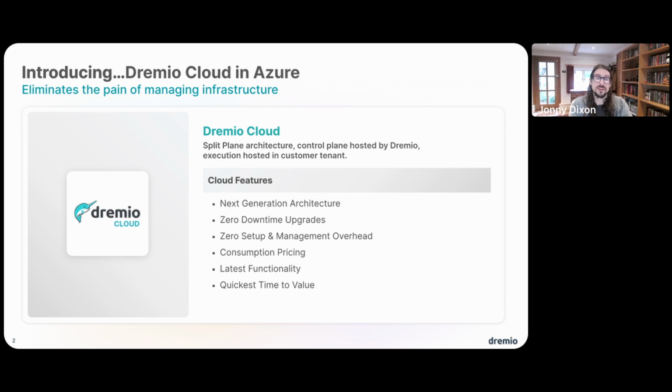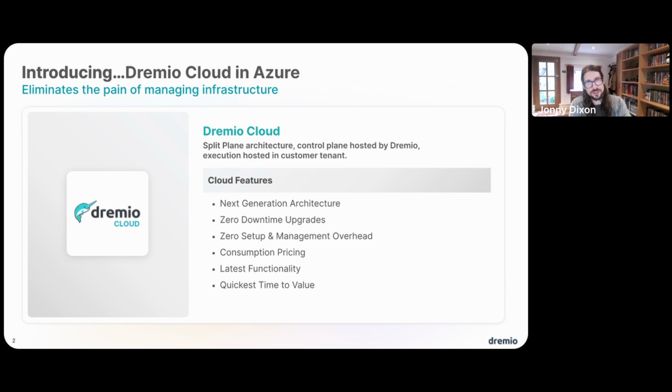And the instance itself will be accessible throughout the time an upgrade is taking place. There is also zero setup and management overhead, meaning that it is incumbent upon Dremio to ensure that when we're performing our daily activities, things run smoothly. No longer does it require infrastructure teams within an organization to ensure that things are running smoothly. That now comes as part of the Dremio solution.